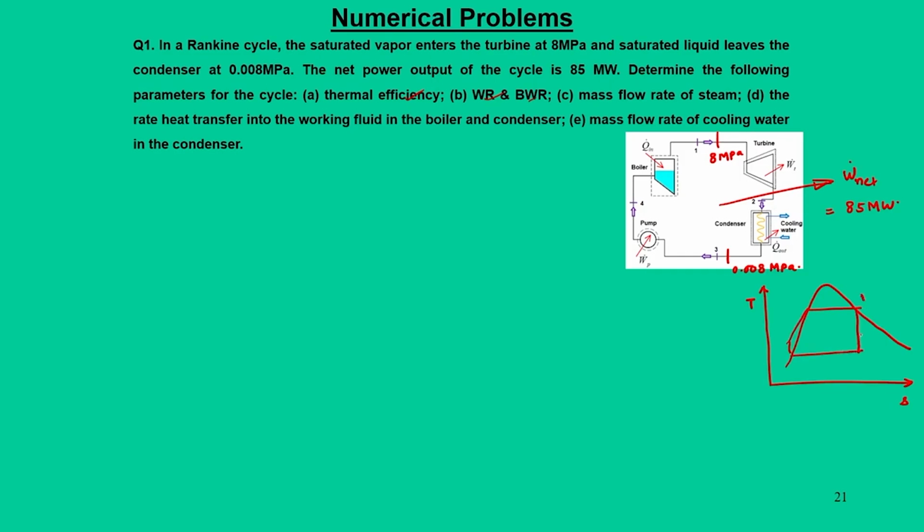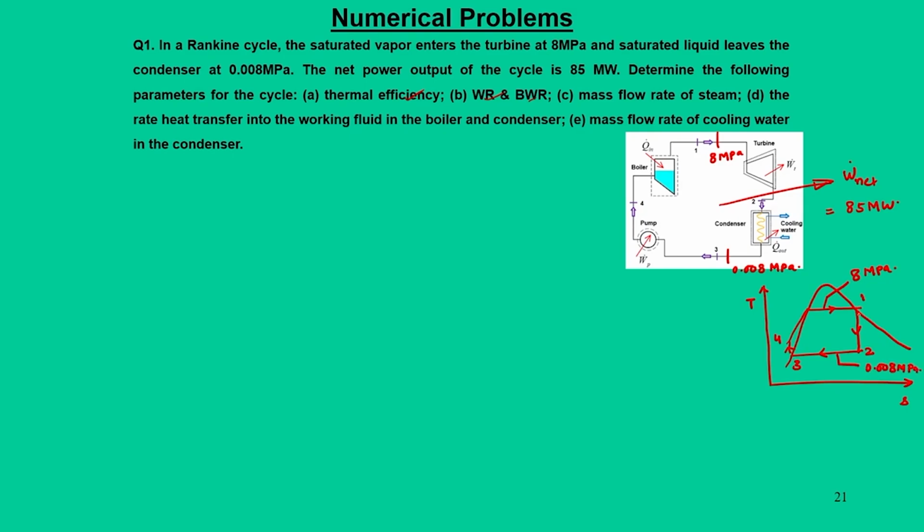Process 1 to 2 is the turbine, 2 to 3 is the condenser, 3 to 4 is the pump and 4 to 1 is the boiler, and this is at 8 megapascal, and the condenser process is at 0.008 megapascal.